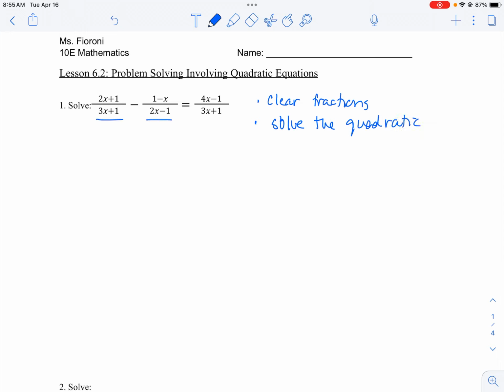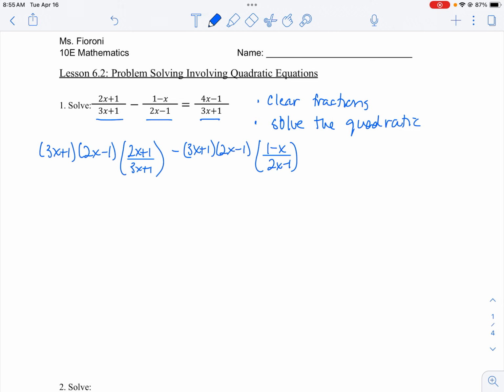So if you recall, what you're going to do is find the LCD. The lowest common denominator is 3x plus 1 times 2x minus 1, but you're not going to create a common denominator and use it. You're going to clear fractions. So your first line is going to look something like this. Yes, it's a little bit long, but you only have to do it once. And then once you clear the fractions, it's just a matter of cleaning up and using what you know about quadratics to solve it.